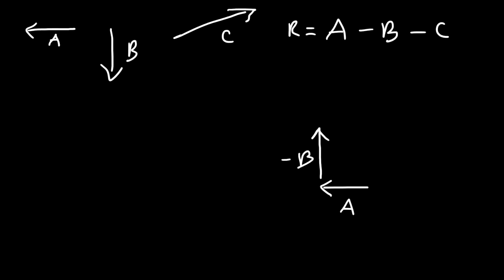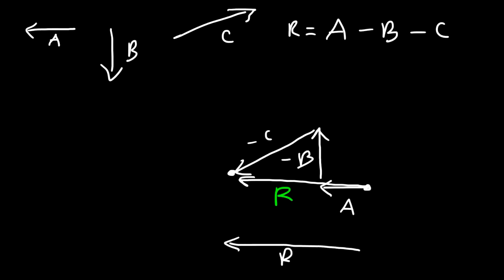So that's negative B. And negative C is going in the other direction. So now we need to draw a line from this point to that point. There we go. So that's the resultant vector. And if you want to, you can redraw it elsewhere. So it looks something like that.